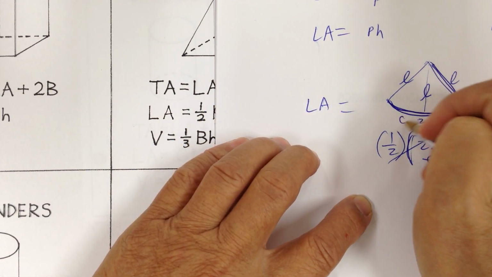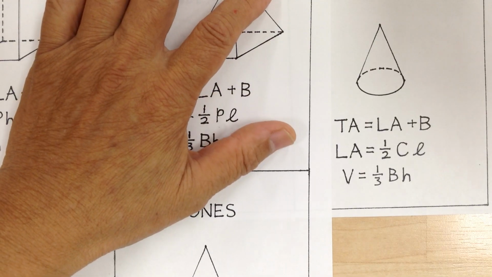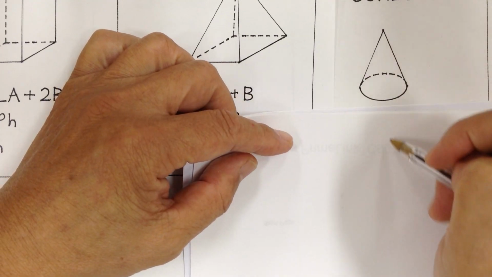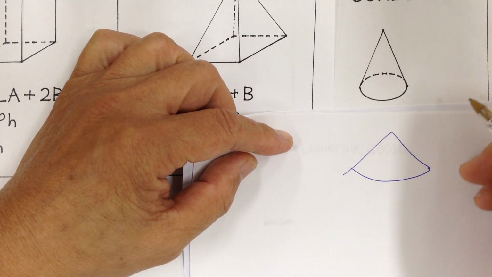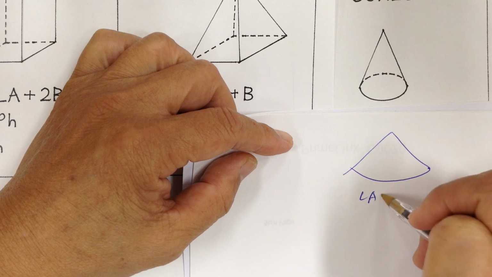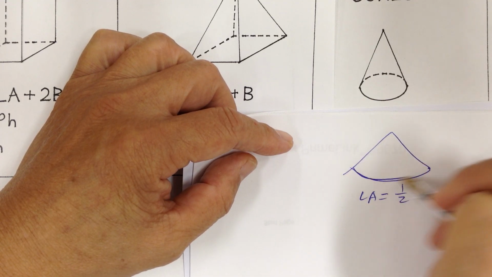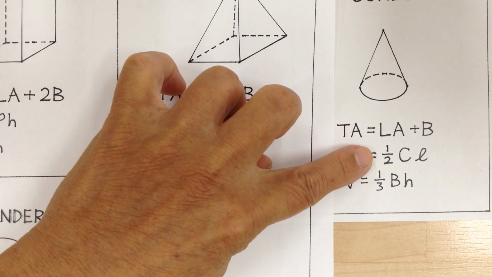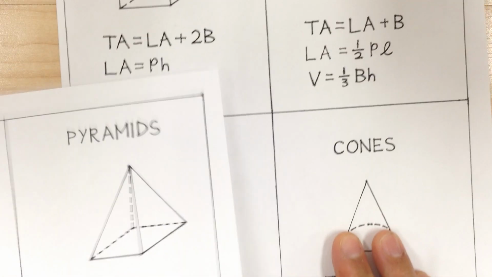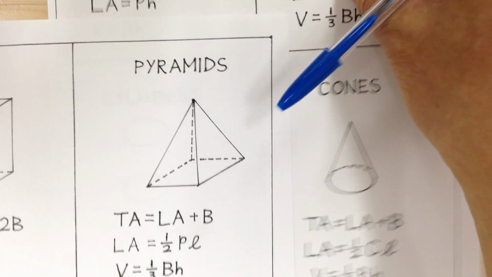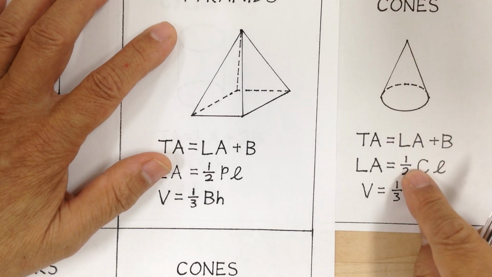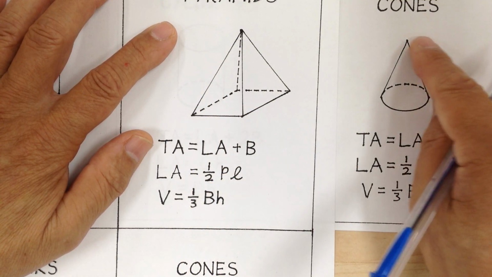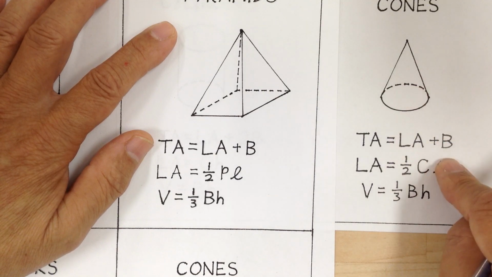So when you open these things up, it looks like this, and the area is equal to 1/2 the base, which is the circumference, times the height L. That's where they came from. Again, notice all of these have a half, because it's a triangle, and the area of a triangle is 1/2 base times height. When you open up, it's 1/2 base times height.